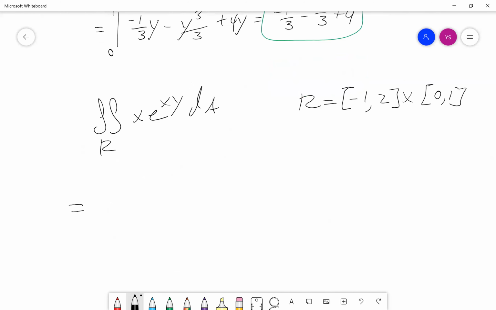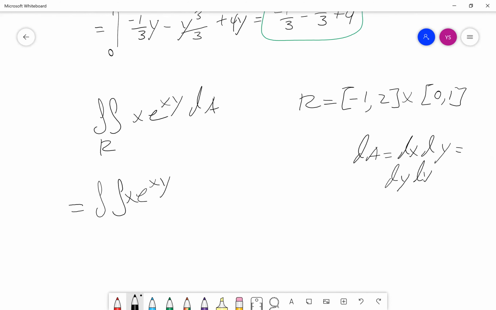So this is going to be equal to the integral of x e^(xy), and then instead of dA, recall dA is equal to dx dy, which is equal to dy dx. But the thing that we put first, we're integrating in that direction first.